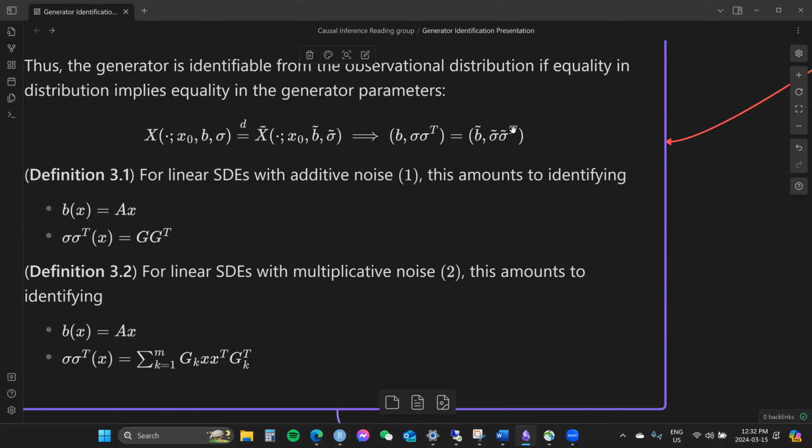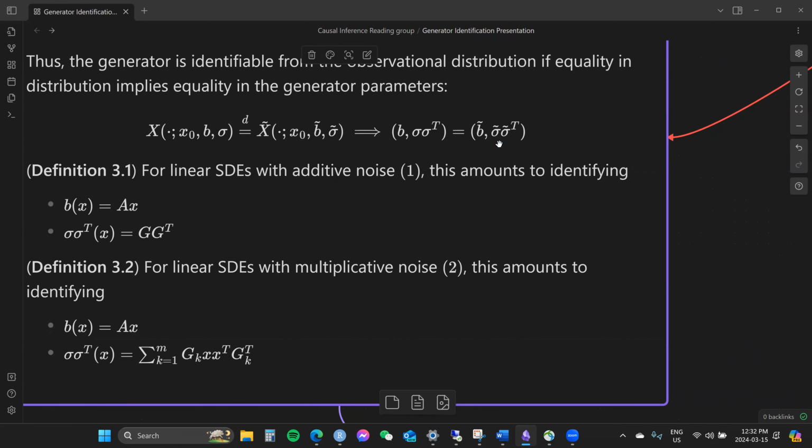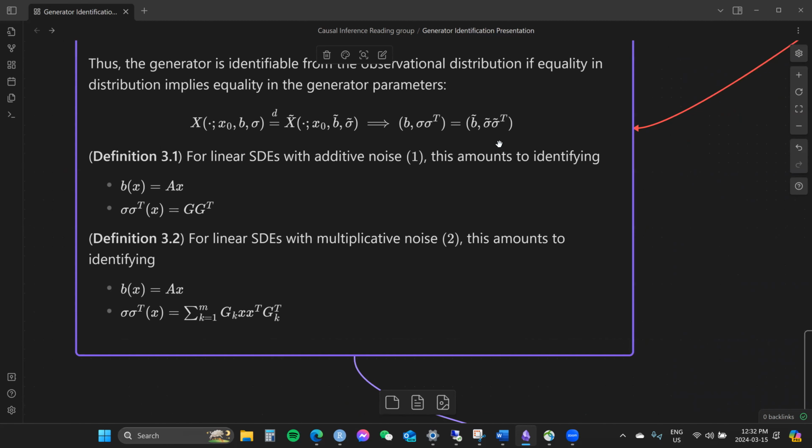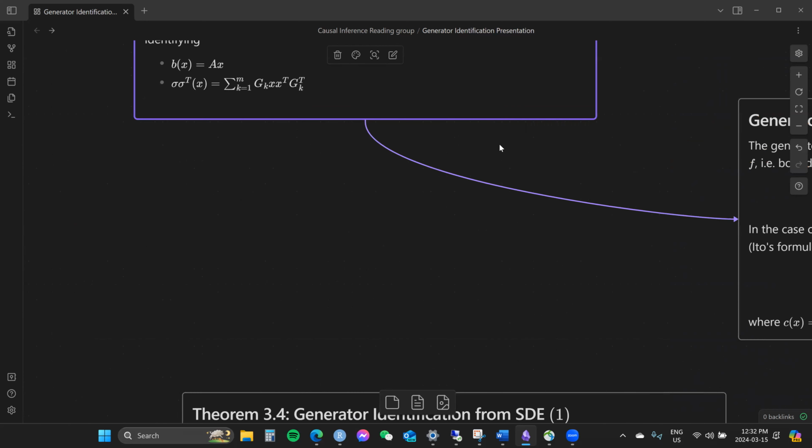So you need the drift terms B and B tilde to be exactly the same, but you're allowed some deviation in the diffusion as long as their Gram matrices are the same. They want to show that.